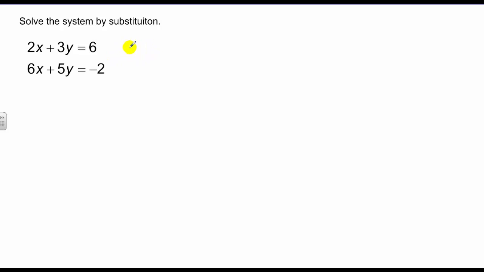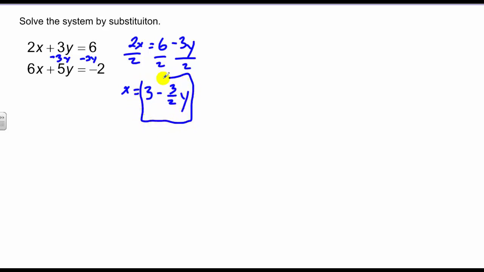So if I get x by itself, I have to subtract 3y to both sides. Leaves me with 2x equals 6 minus 3y. Going to have to divide by 2. And notice I'm going to do this to every term. So x equals 3 minus 3 halves y.